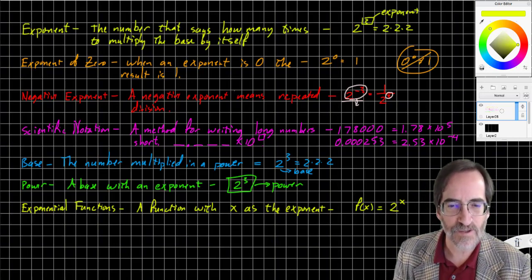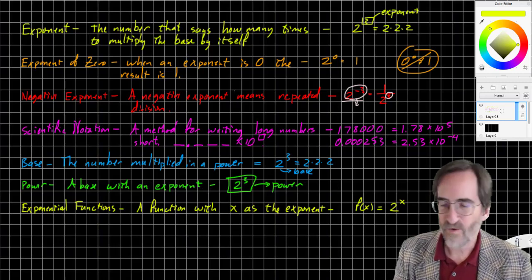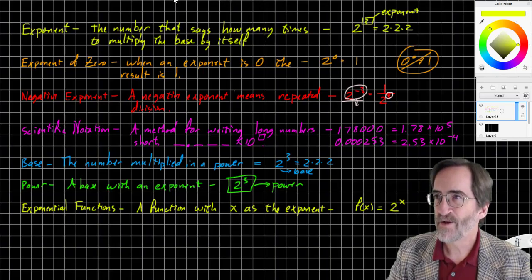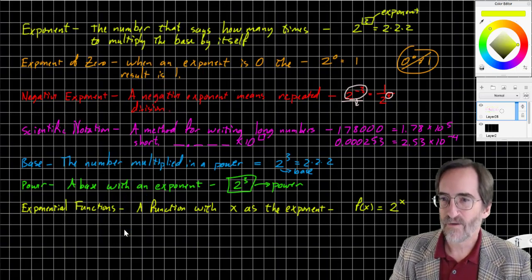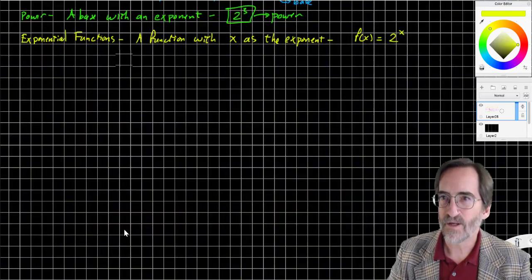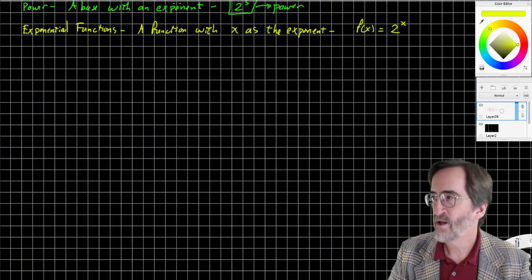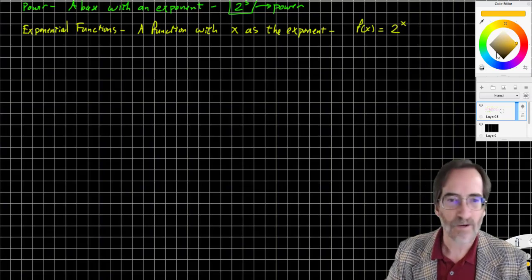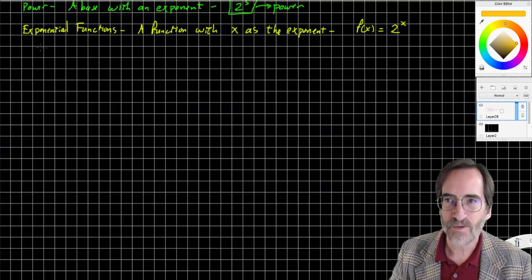Lesson 8, exponential growth and decay. Okay, we've got quite a few words here. So let me make some more room. Elbow room, cried Daniel Boone. So here we go. Compound interest.